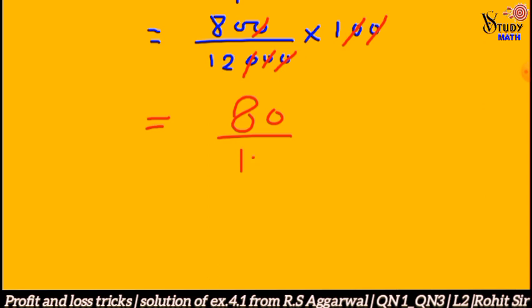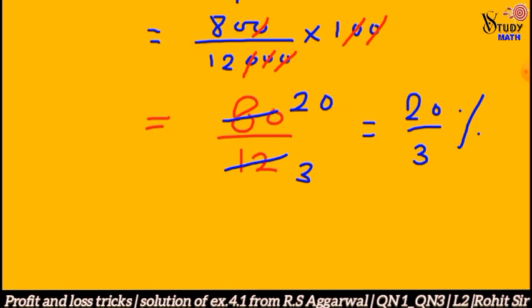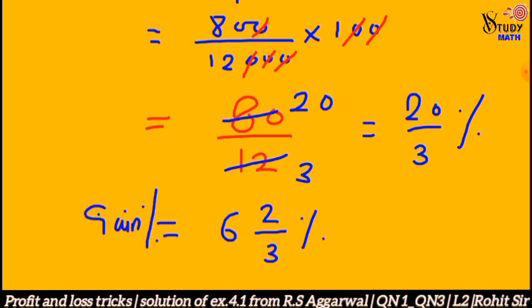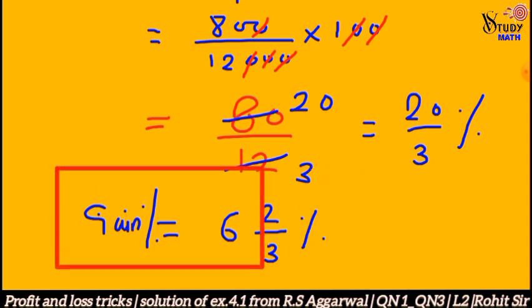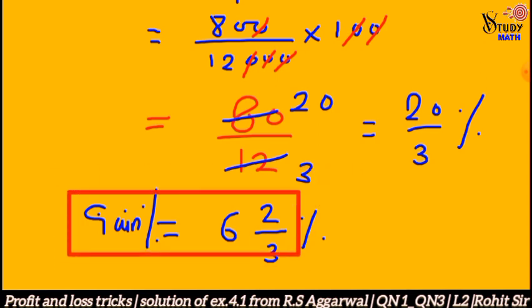Now cut by 4. 4 threes are 12, 4 twos are 8. Now we have 20 upon 3 percent. Now convert this fraction into a mixed fraction, that is 6 2 by 3 percent. This is the gain percent here, and this is our answer. So this is the answer of this problem.